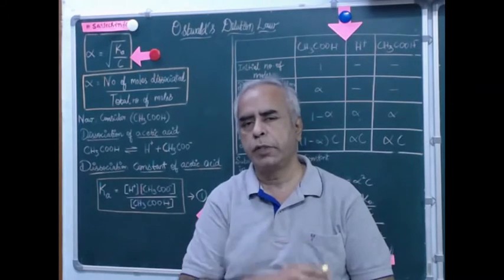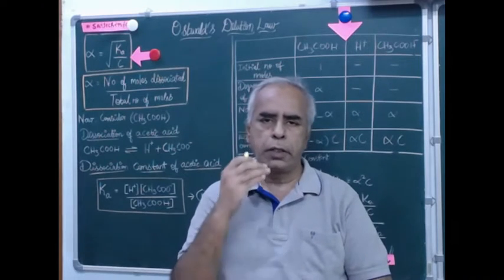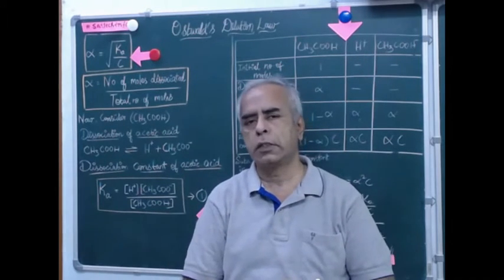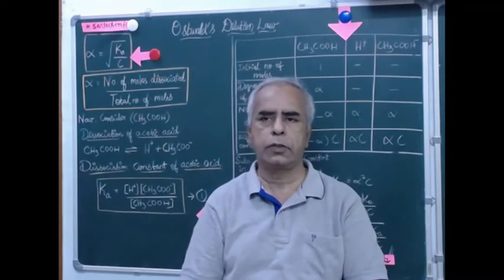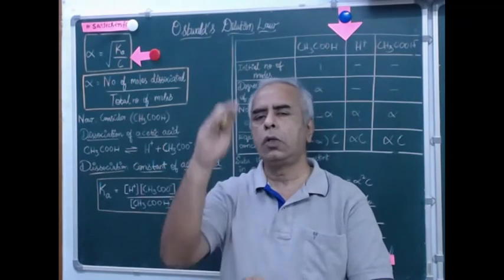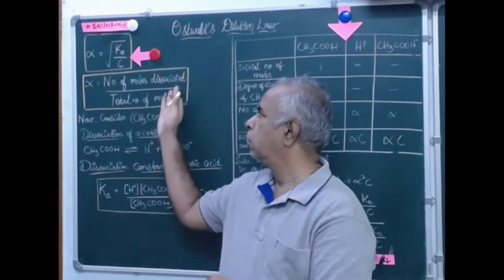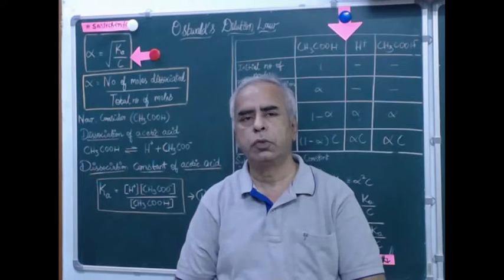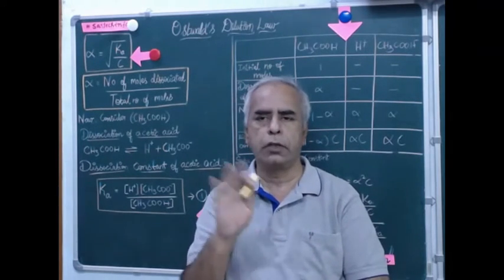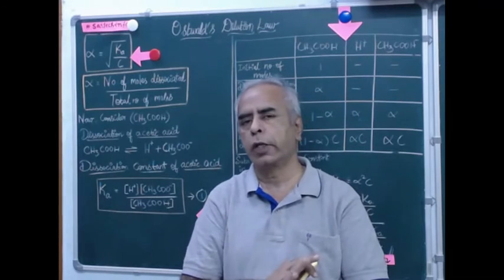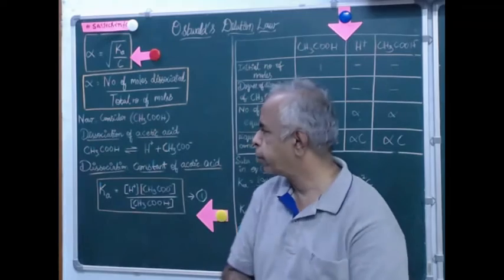Only a few can be dissociated, and that is why we obtain this as a ratio. But in the case of strong acids and bases, they get completely and readily ionized. In that case, all are dissociated. It means the alpha value is equal to 1. For weak electrolytes, alpha is always less than 1, but for strong electrolytes, alpha is 1. Do you understand this? Right.